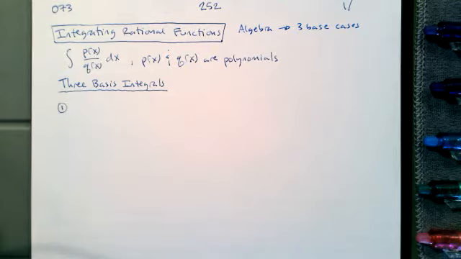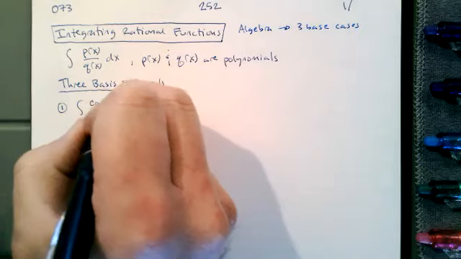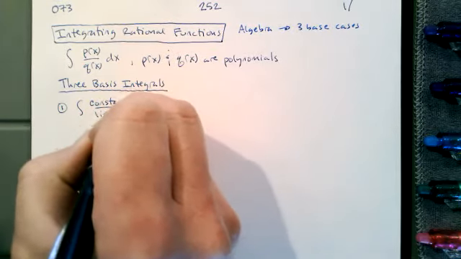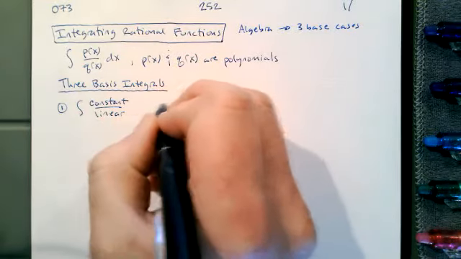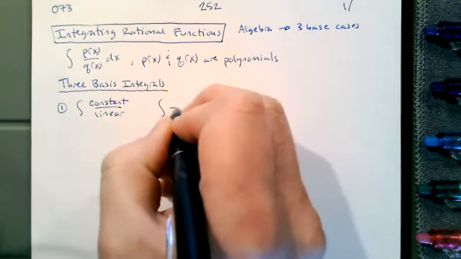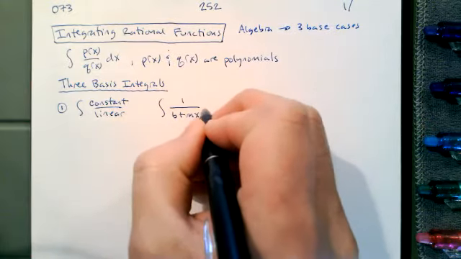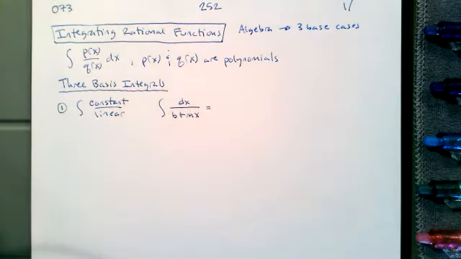First, we have a constant over a linear factor. So what that means is that if we have something like 1 over b plus mx dx, here we just do a substitution, w equals b plus mx.